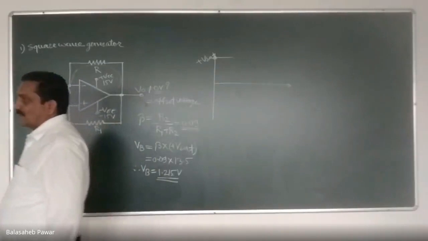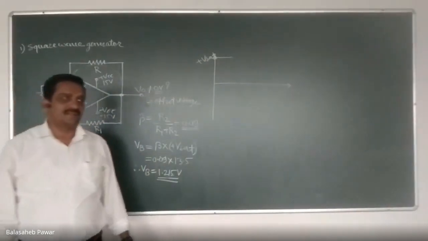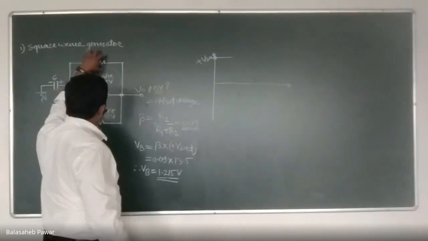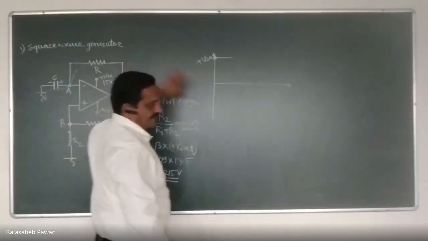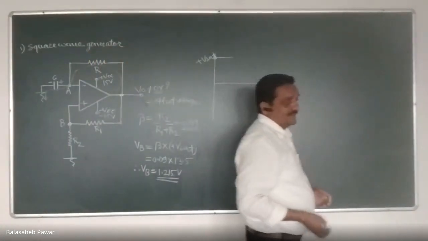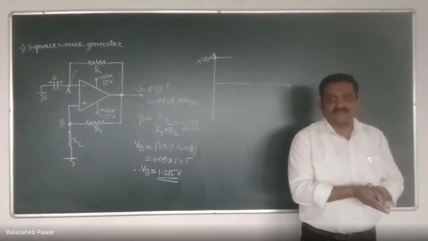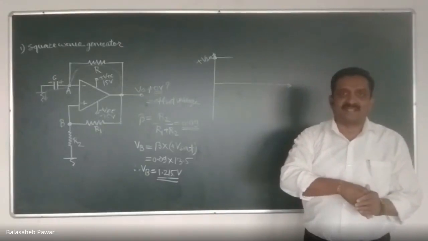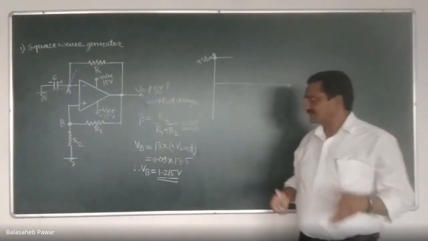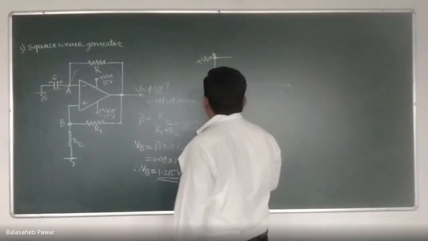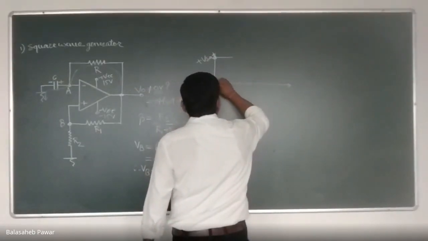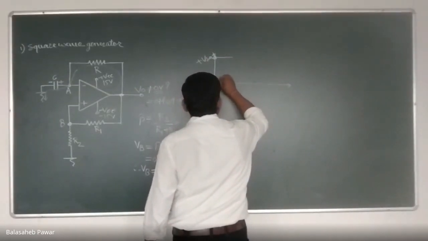The charging rate of that capacitor depends on the value of resistor R used. If R is of very large value, the capacitor will charge slowly. If it is very small, it will charge fast. Simple logic. So I will consider that the capacitor starts to charge like this.